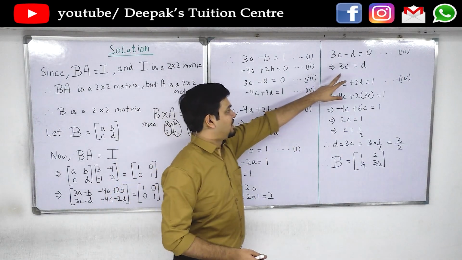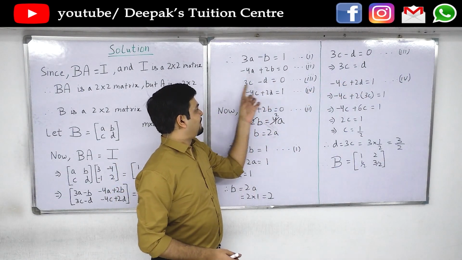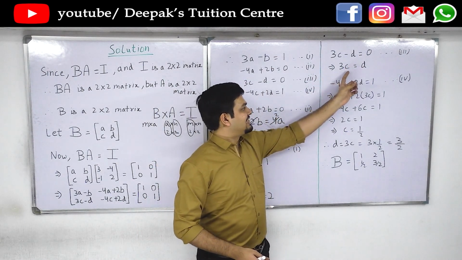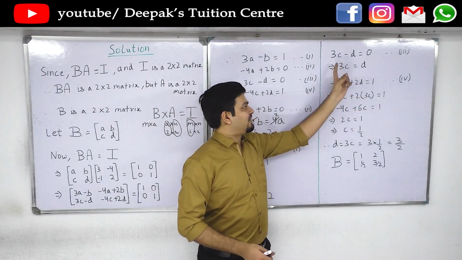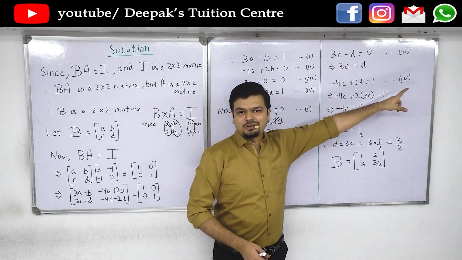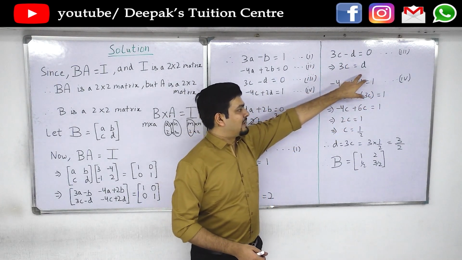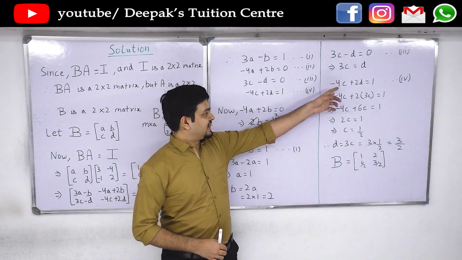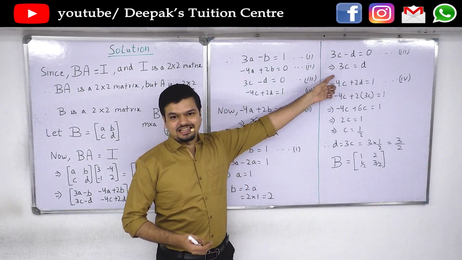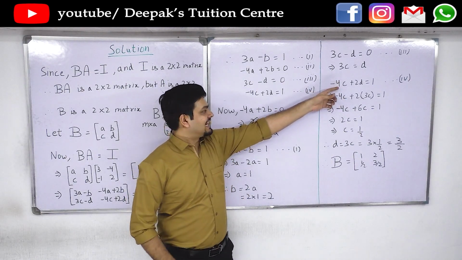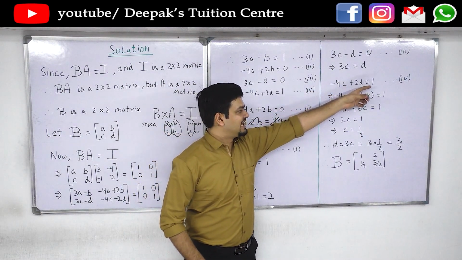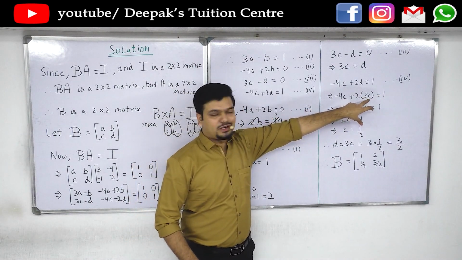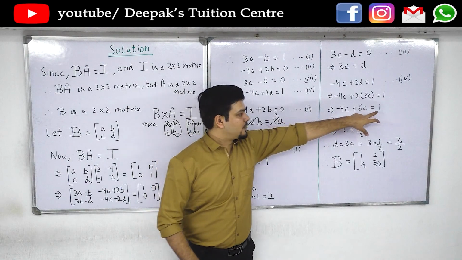So, I have got the values of A and B. Now, to calculate the value of C, I look at equation 3. 3C minus D equals 0, which implies 3C equals D. I have transposed D from the left hand side to the right hand side. So, the value of D has been achieved, but in terms of C. If I substitute the value of D, that is 3C, in the fourth equation, minus 4C plus 2D equals 1, I get minus 4C plus 3 into 2, that is 6C, equals 1.